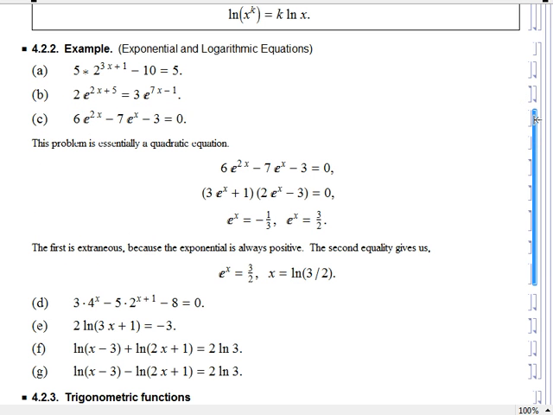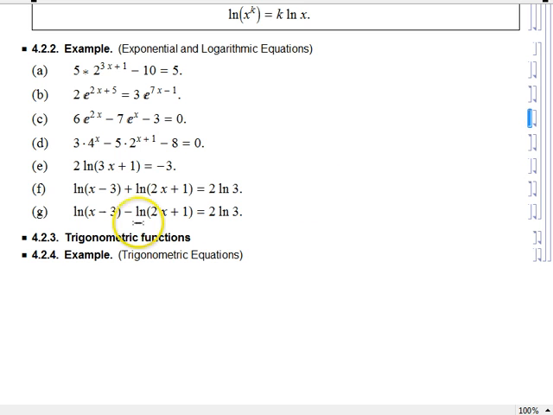Basically, this is a quadratic equation. So you can factor and then solve for e to the x power. What do we have? Negative 1/3 and then 3/2. The first one is invalid because an exponential is always positive. Taking a log of the second one, I'm going to get log of 3/2. Be careful about extraneous solutions, even more so for logarithmic equations, by the way.